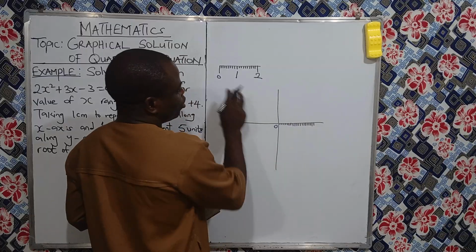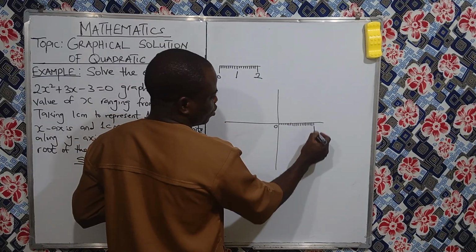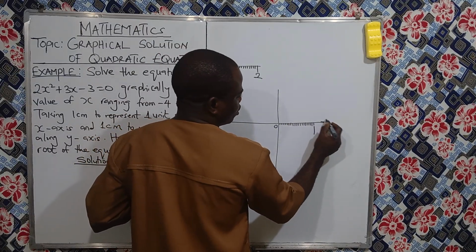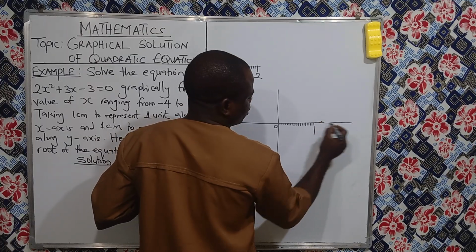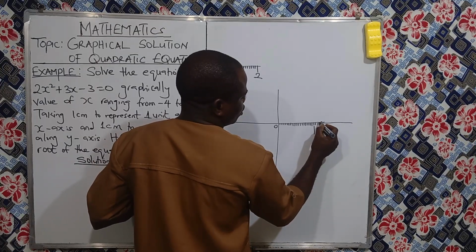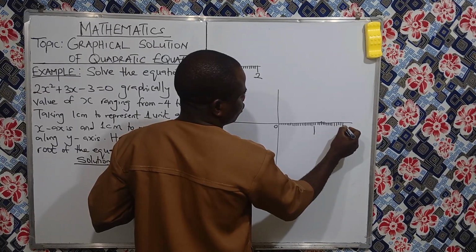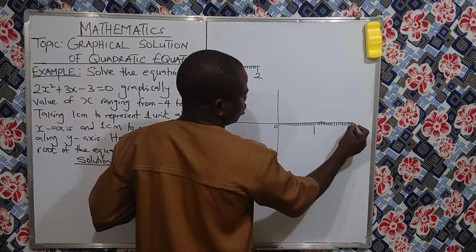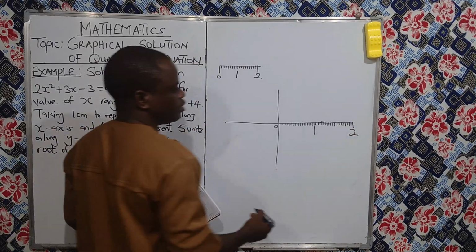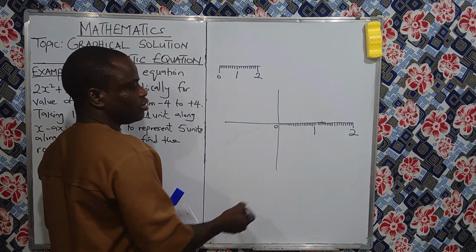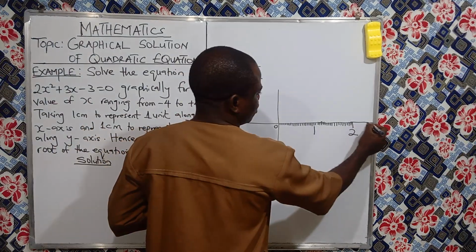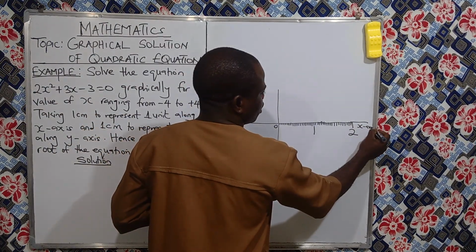You count 20, starting from 1 as 1 unit. Count another one: 0, 1, 2, 3, up to 20. That is the second one on the x-axis that we discussed in our last class.